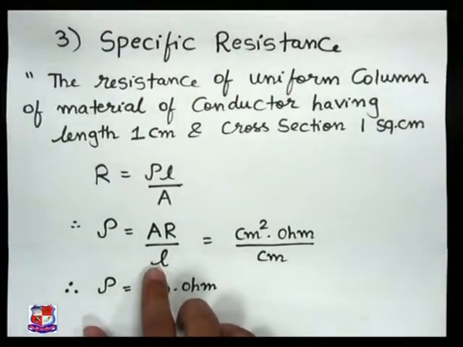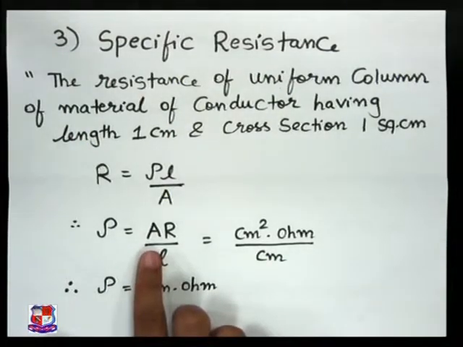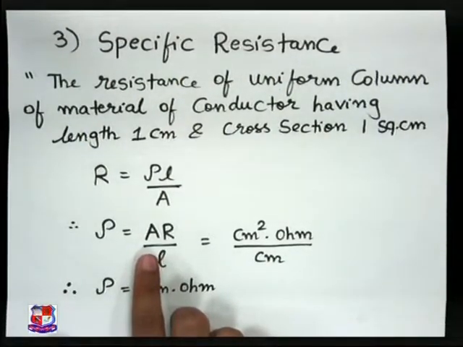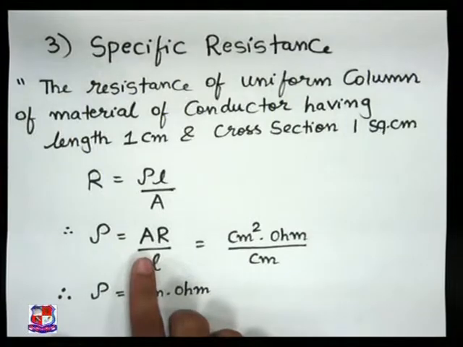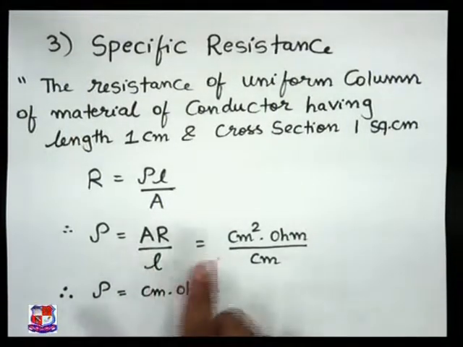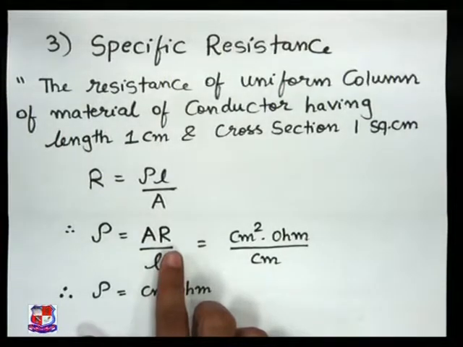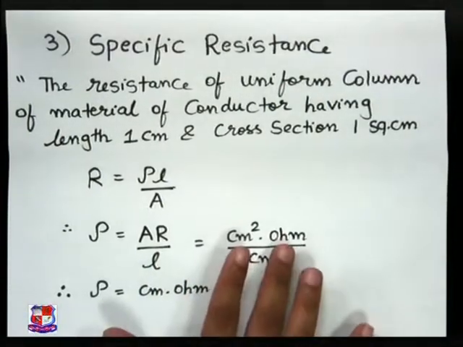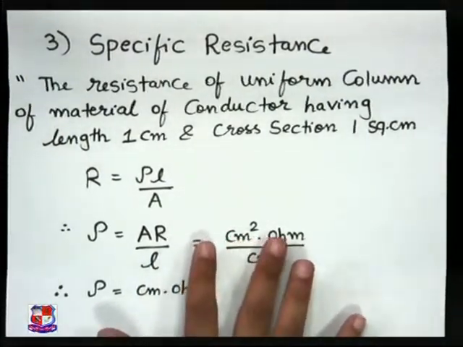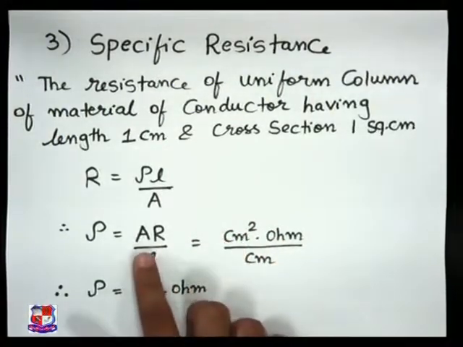Now look here, the area has the unit centimeter square. R is the resistance, having the unit ohm. So I have written centimeter square into ohm by multiplying the two terms.